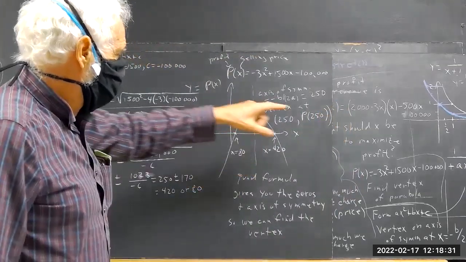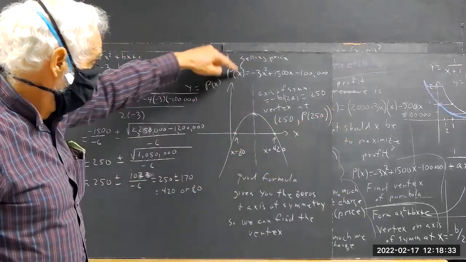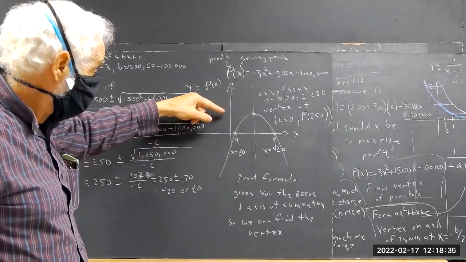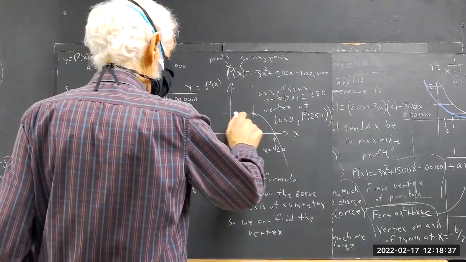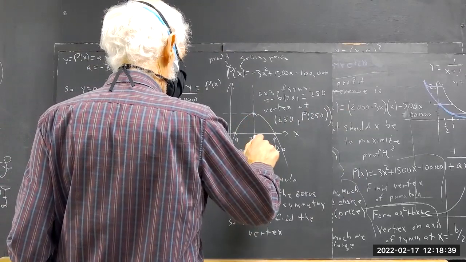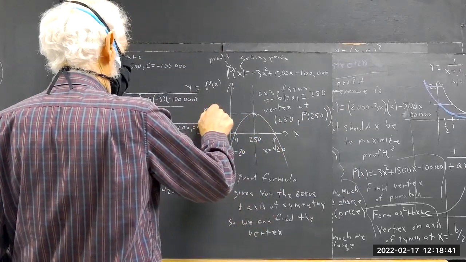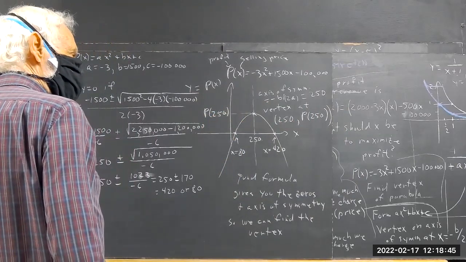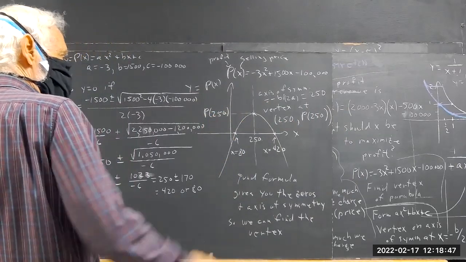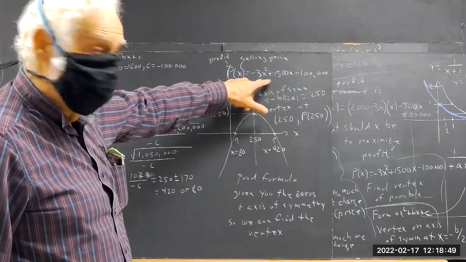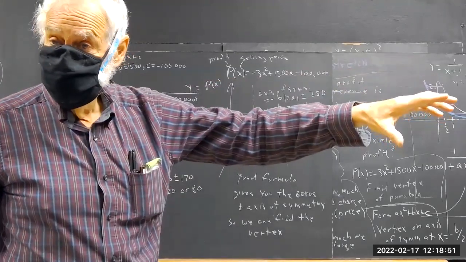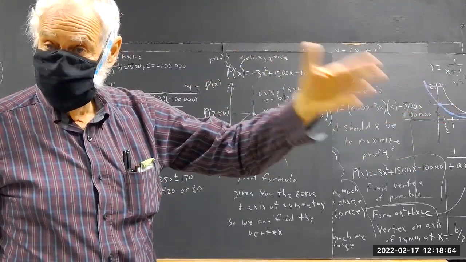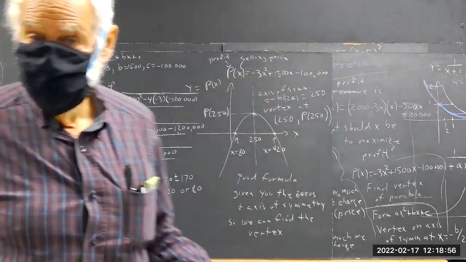And to find our profit, we plug 250 into our P of X function, which gives you our Y value. So here's 250. Here's P of 250. And we calculate, we plug 250 in here. We see how much money we're going to make if we maximize our profit. Now, this is a prediction.